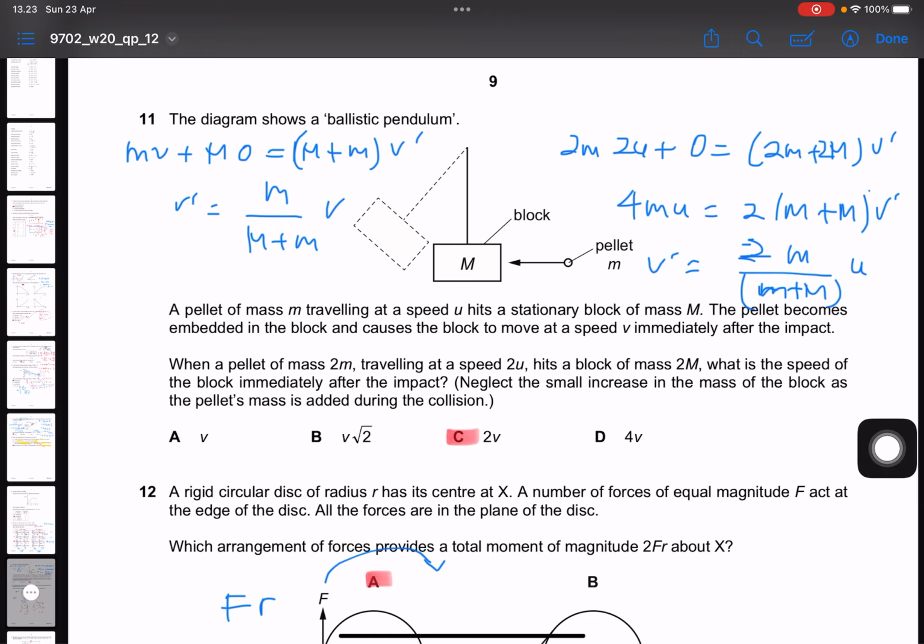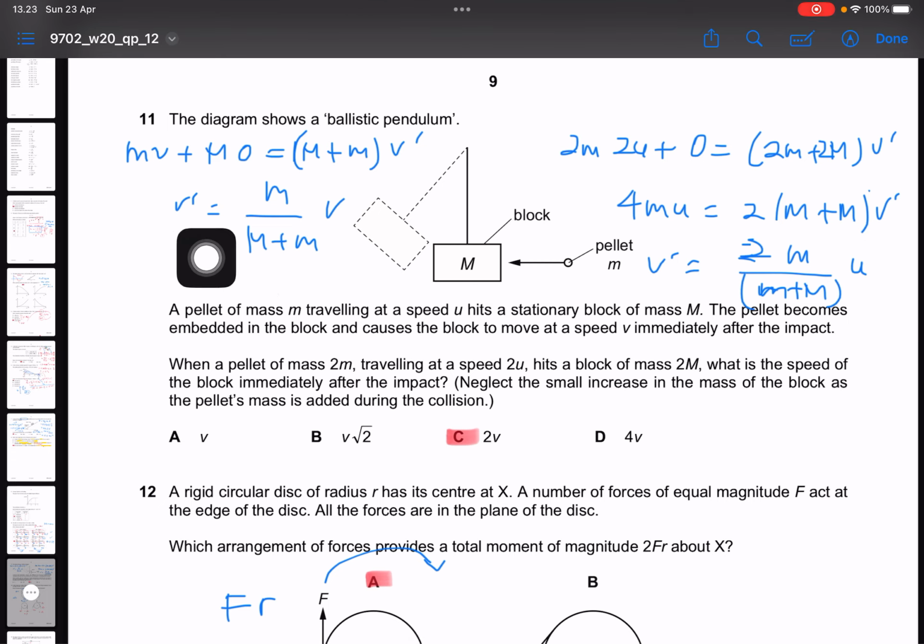Okay, we start from this. When the small m hits with velocity u, and the capital M block is at rest, it equals, after the collision, adding m small and m capital, times v after the collision.